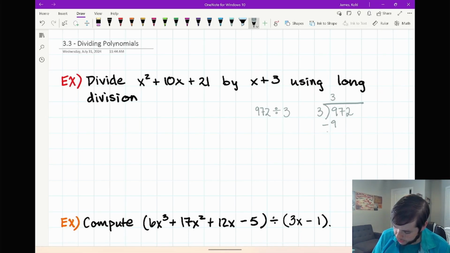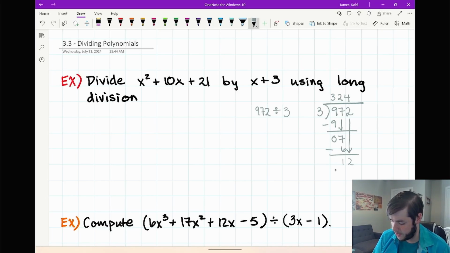So I subtract 9, I get 0, I bring down the 7, and now I look at what I have left. 3 goes into 7 two times without going over. That gives me 6, leaving me with 1. I bring the 2 down, and now 12 divided by 3 is 4, which gives me a remainder of 0.